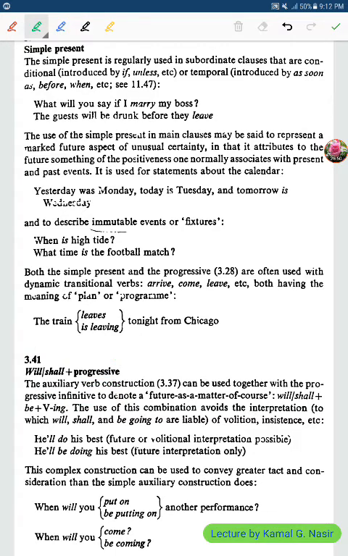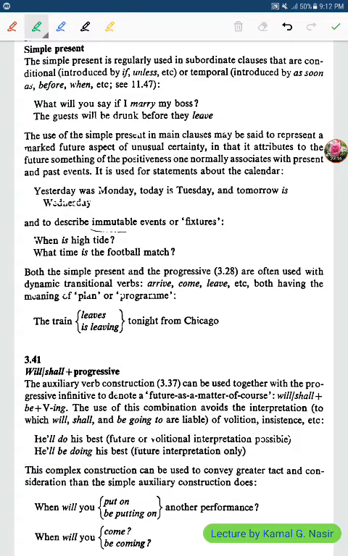Look well. He will do his best. It is infinitive. If you wanted to use doing, you have to put be. You cannot say he will doing. This is wrong. You say he will be doing his best.